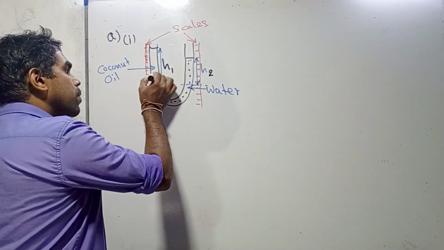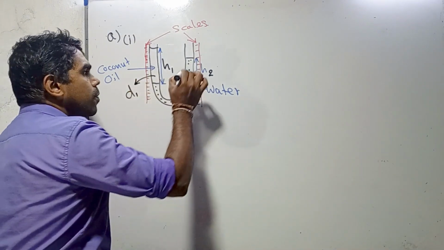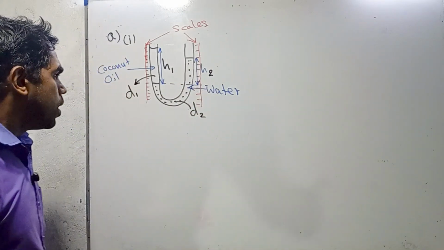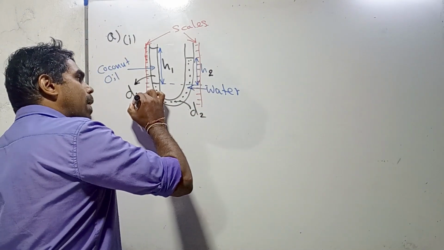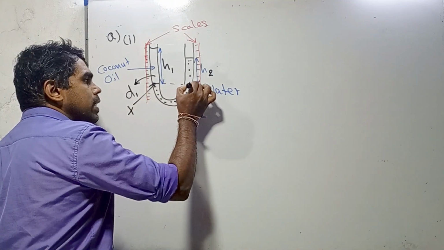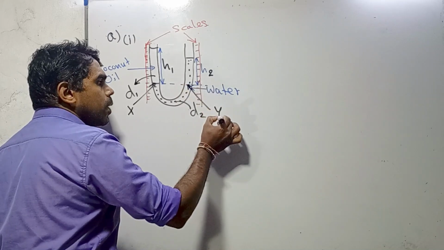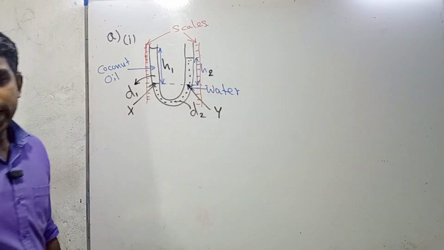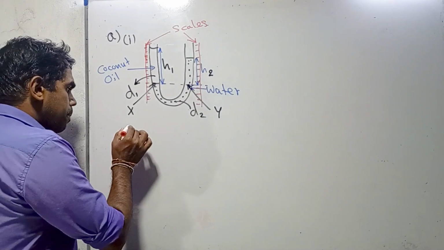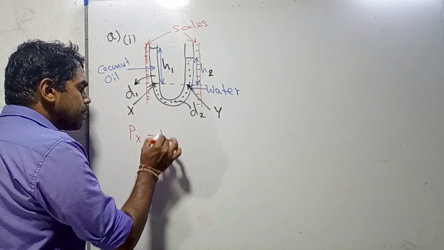Then density of coconut oil D1, density of water D2. We know that according to Pascal's principle, there is the same pressure at point X and point Y because they are in the same fluid and at the same level.